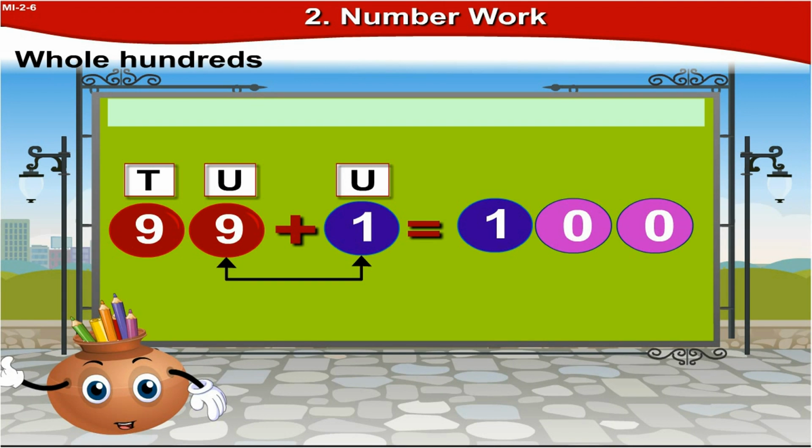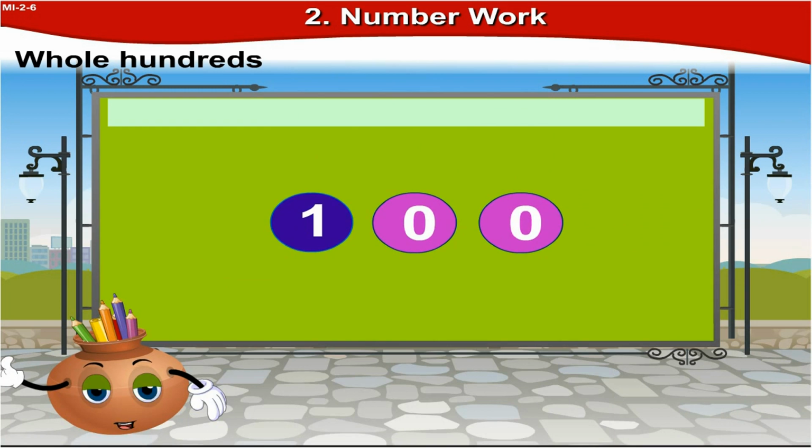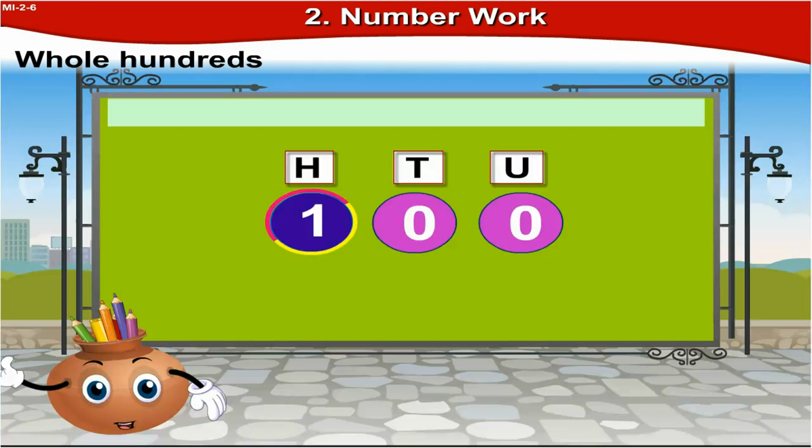The new place on the left in the 3-digit number 100 is the place of hundreds. 100 means 0 units, 0 tens and 1 hundred. 100 is a 3-digit number.